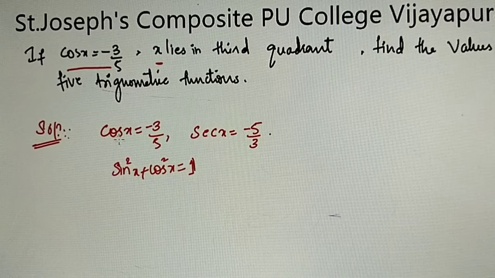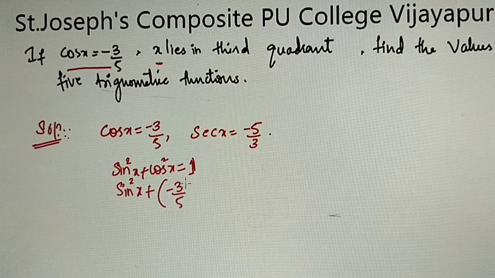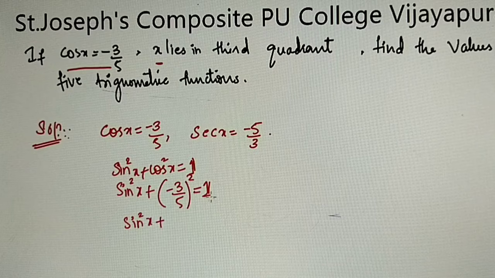Here we already have the cos x value, substitute here. So we get sin square x plus minus 3 by 5 whole square is equal to 1. Sin square x plus, minus 3 by 5 whole square becomes 9 by 25, is equal to 1.